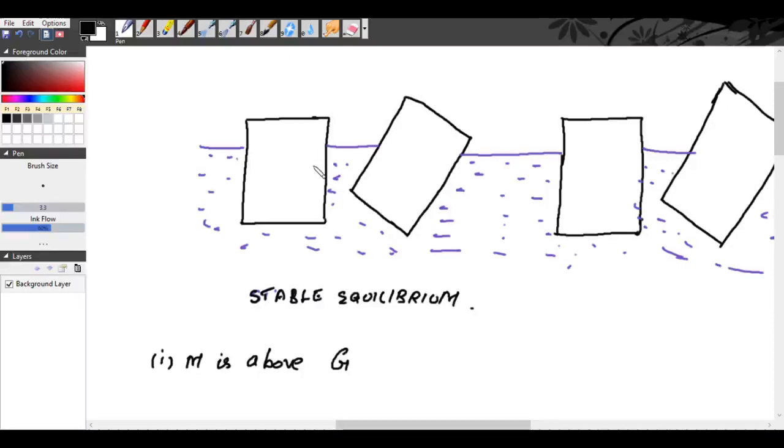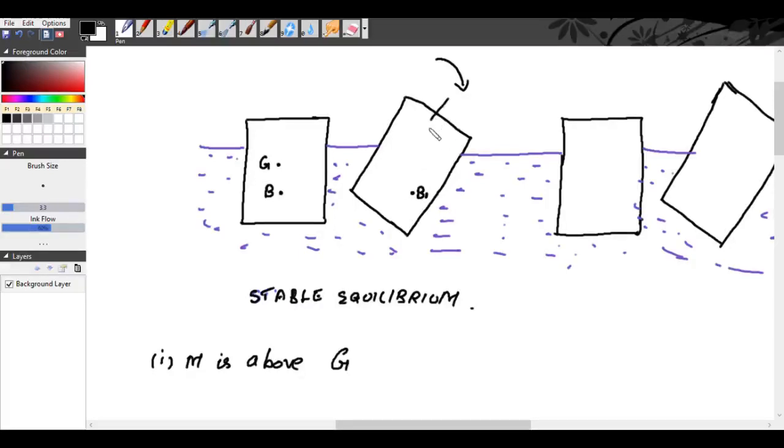Now, if a slight displacement is given to the floating body in the clockwise direction, the center of buoyancy shifts from B to B1. So we have our center of gravity here, center of buoyancy here, and this center of buoyancy gets shifted to B1.